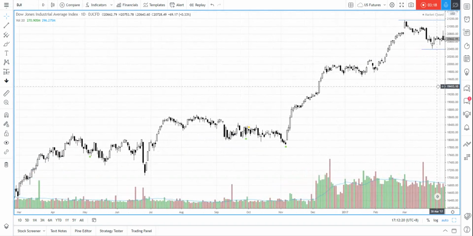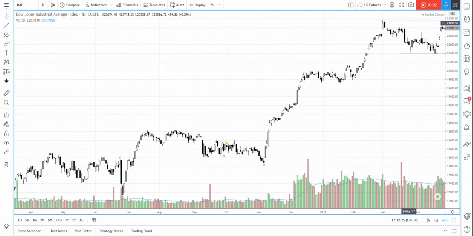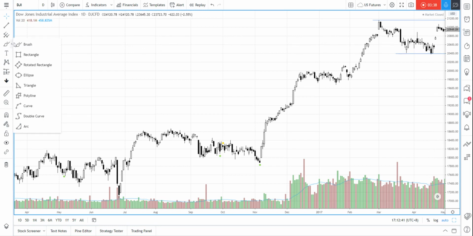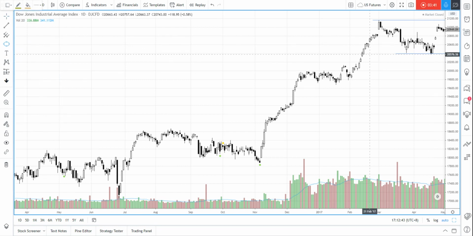For example, once I draw this support, I expect whether it will bounce up or fail to break through. In this case, it's a support level, and when you see the price approaching here, and subsequently you see this reversal bar, you can expect, okay, the price is respecting this support level, and this support level really means something for the Dow Jones index.